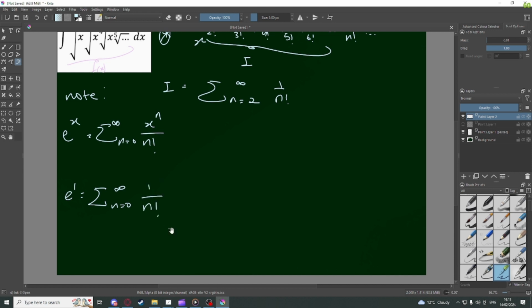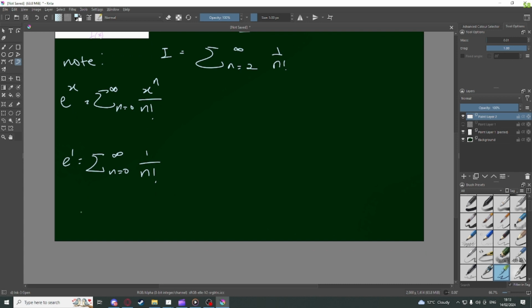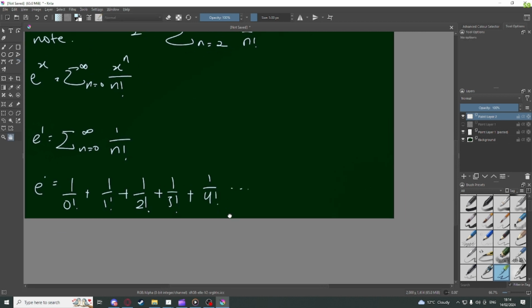So this just simplifies to 1 over n factorial. To get a little bit of intuition on what this is: 1 over 0 factorial plus 1 over 1 factorial plus 1 over 2 factorial plus 1 over 3 factorial plus 1 over 4 factorial, dot dot dot.